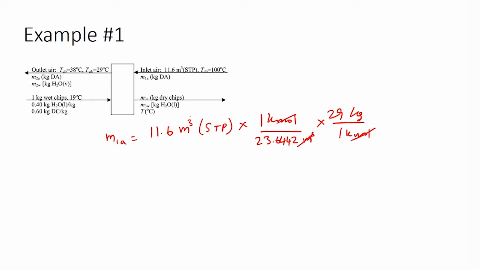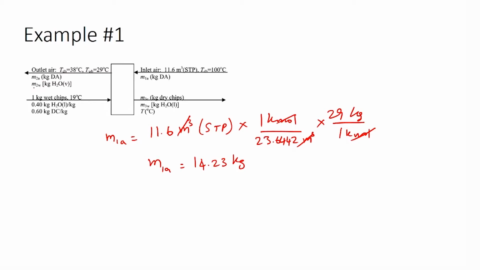So, this gets converted to mass, and we can calculate the mass of air entering as 14.23 kilograms. This is the mass of dry air which is entering at 100 degrees Celsius into the system. Based on simple material balance, we know that the same amount of air would be leaving the system. So, M1A equals M2A, the pure dry air leaving the system would be the same.